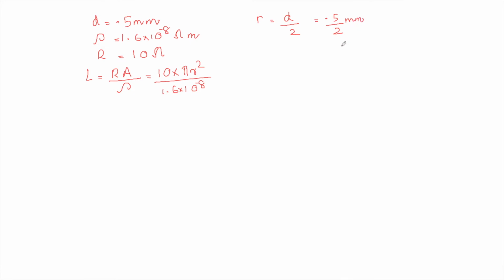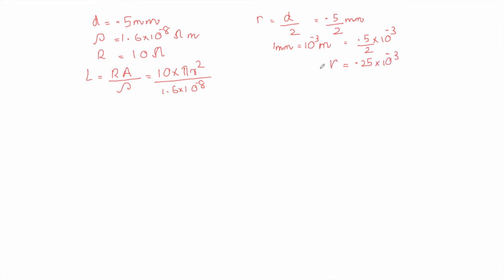So first we should convert the millimeter to meter. 1 millimeter is equal to 10 raised to minus 3 meter. So this will be 0.5 by 2 into 10 raised to minus 3. That means 0.5 by 2 will be 0.25 into 10 raised to minus 3.